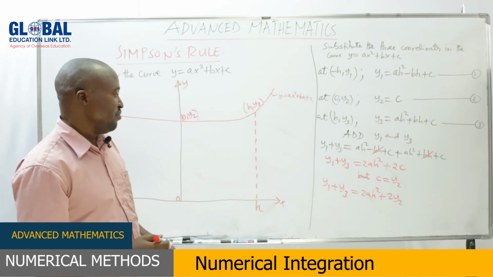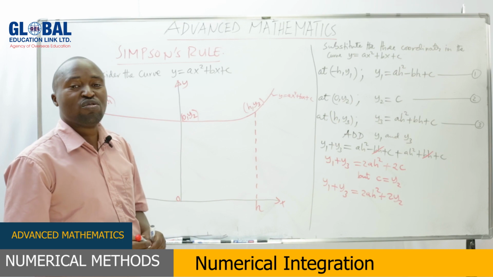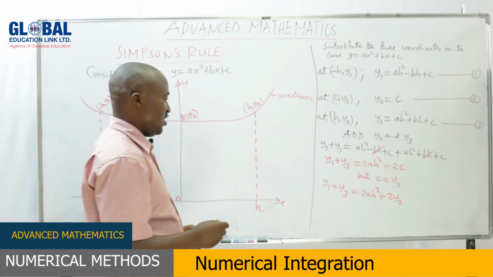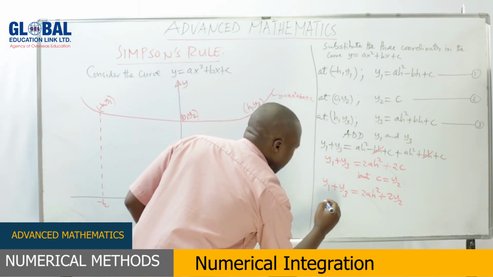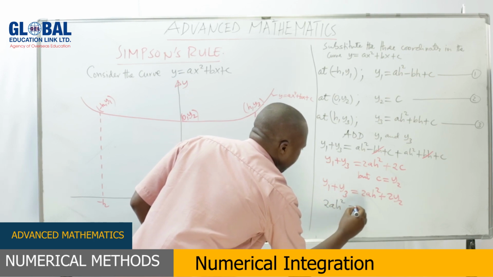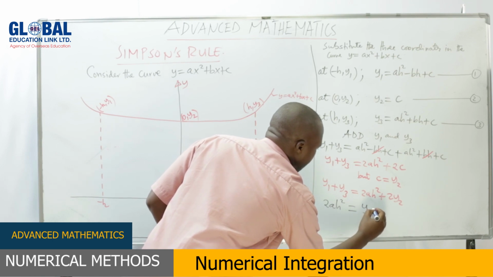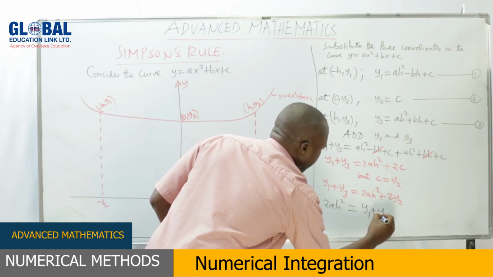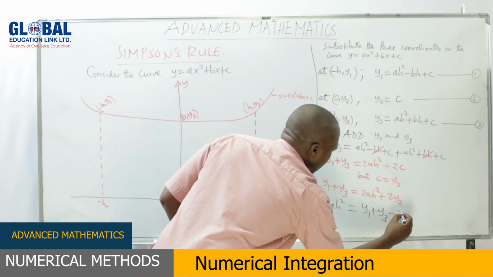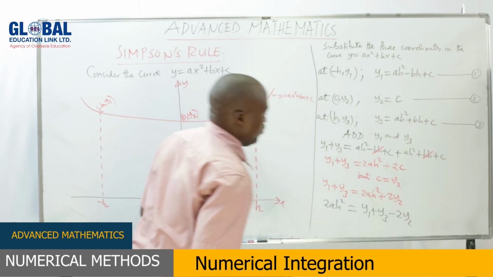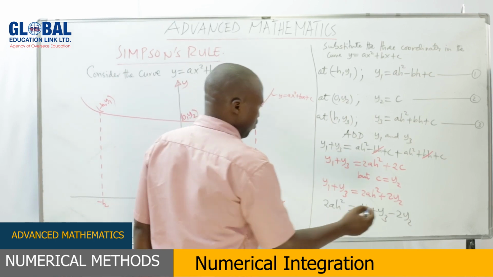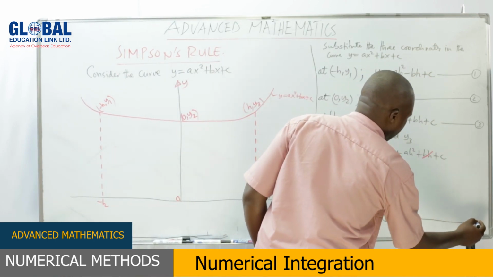Now let us make 2ah squared the subject. So we are going to have 2ah squared is equal to y1 plus y3 minus 2y2. So maybe call this equation 4.